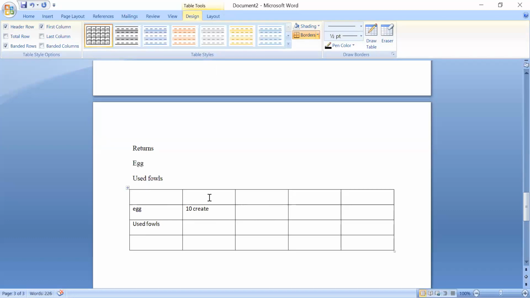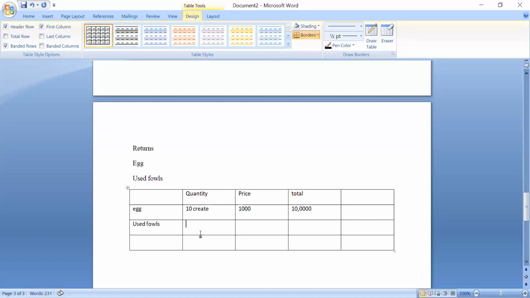Now, what is the quantity? Here's the quantity. Price. Let's say 1 crate goes for 1,000 naira. So, what is the total? What do you have? You have 10,000 naira as return in a month.